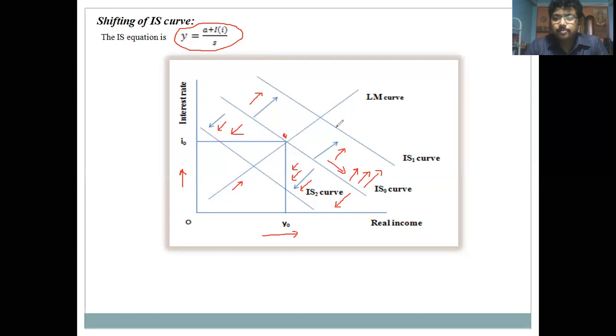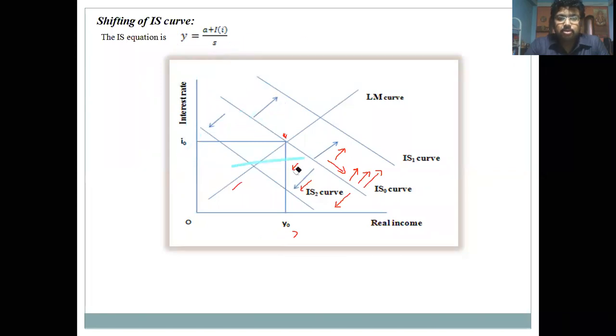So I have told you that there are four reasons for which the IS curve will shift upward. Okay.